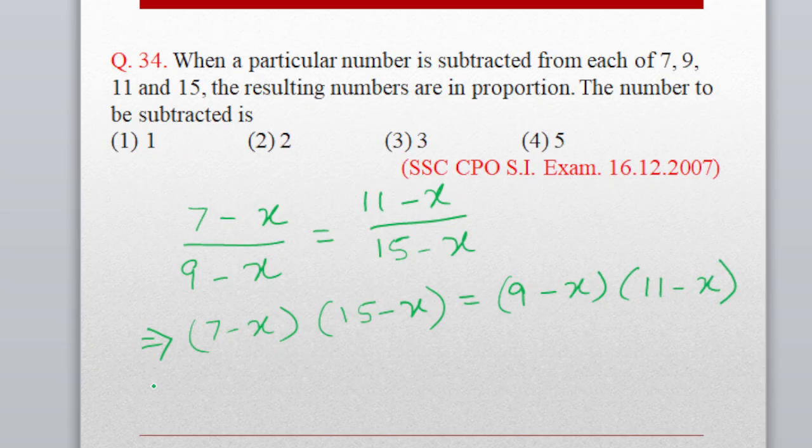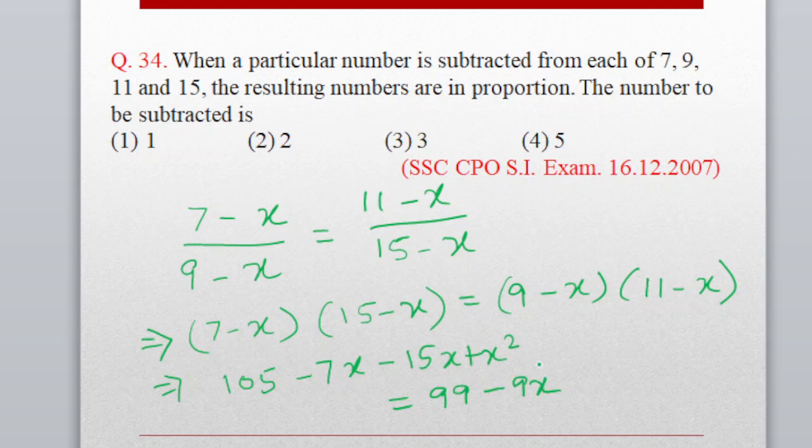So this implies 7 into 15, 105, minus 7x minus 15x plus x square, that is equal to 99 minus 9x minus 11x plus x square. Now here this x square cancels this x square.